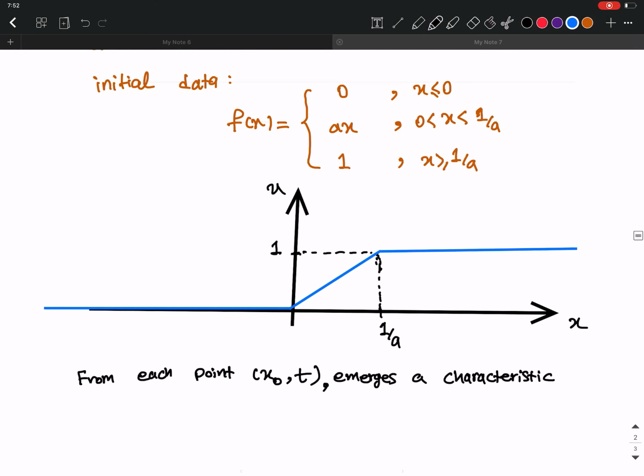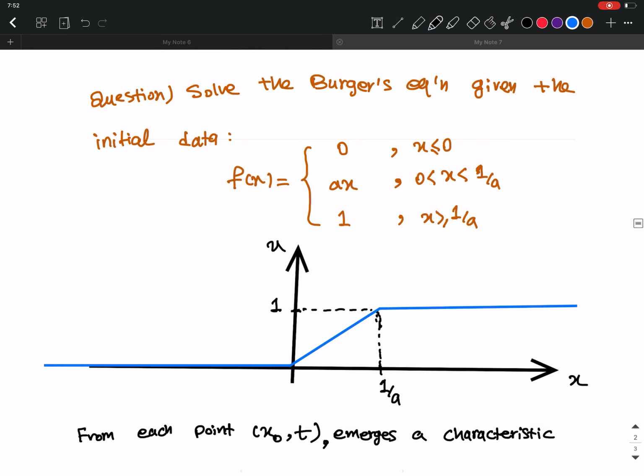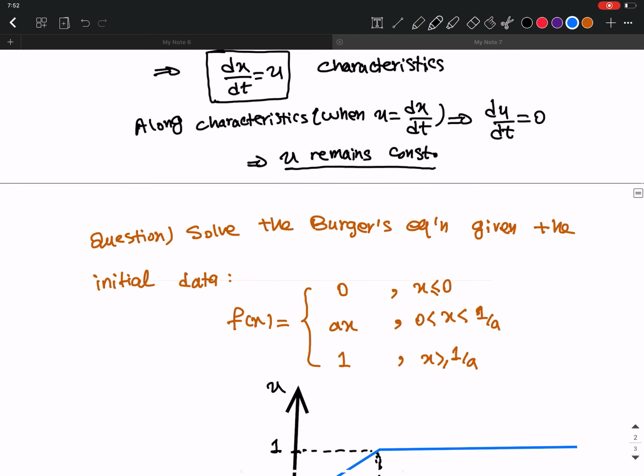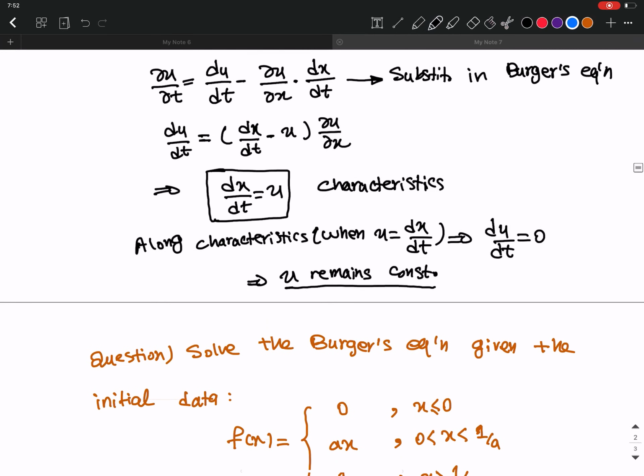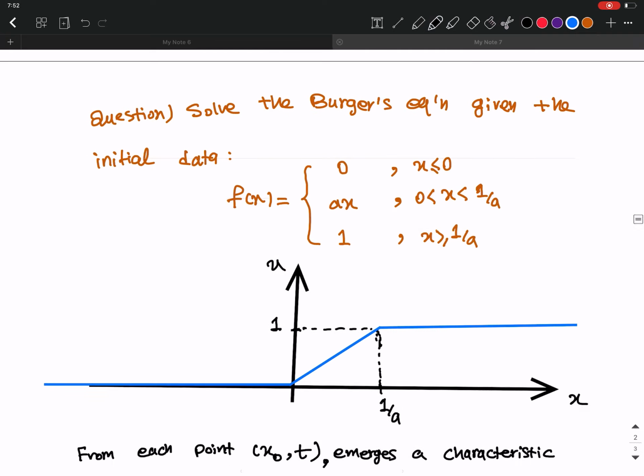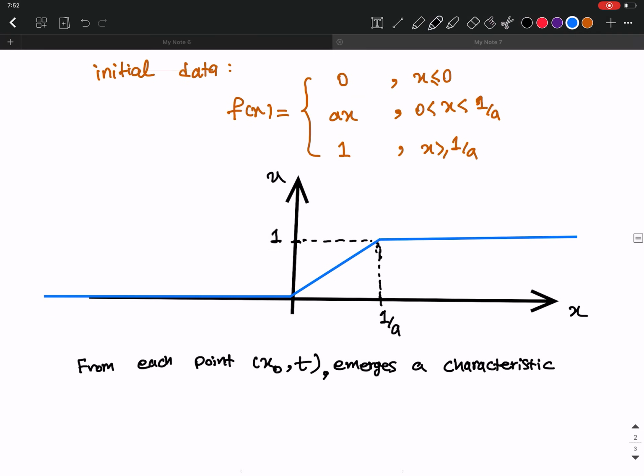So from each point emerges a characteristic, and what is that characteristic? The characteristic is dx over dt equals u.